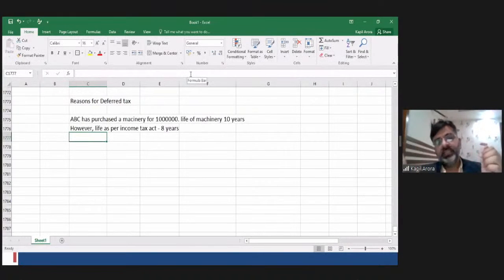In another case, it will be depreciated over 8 years' time. So the depreciation amount in both cases would be different. When depreciation is different, we are going to find out what the impact would be on the timing difference and on the deferred taxes. Let's see.